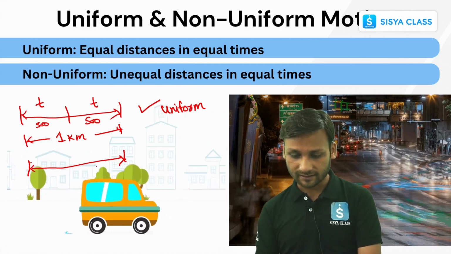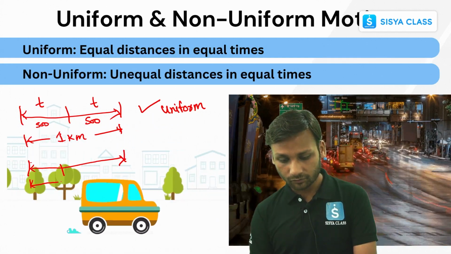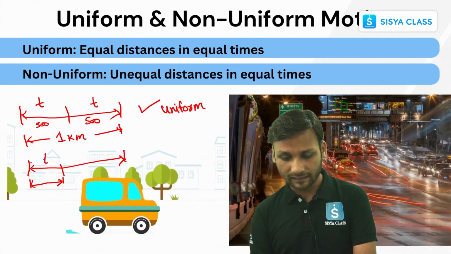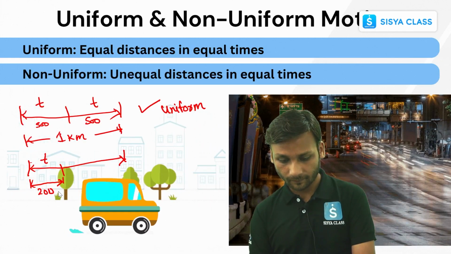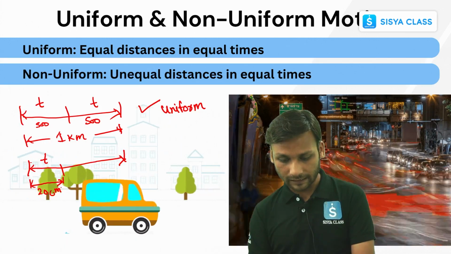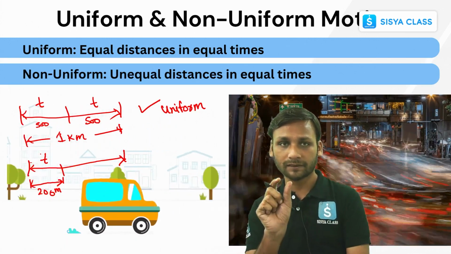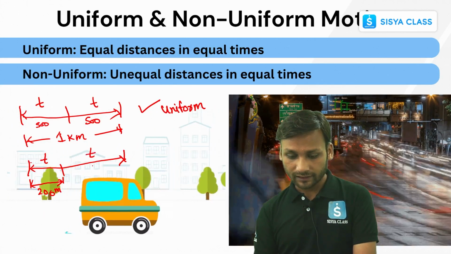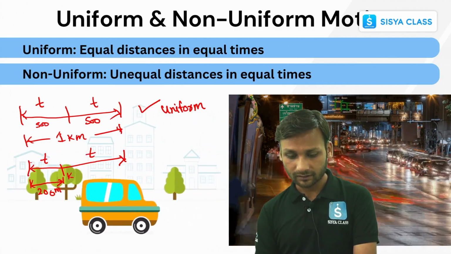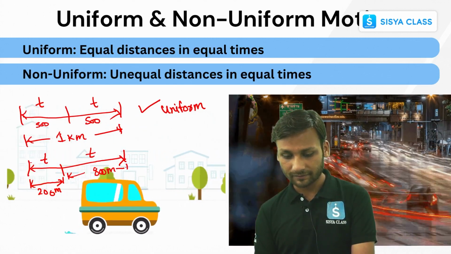Clear? Now non-uniform motion means unequal distances in equal times. For example, if you are moving slowly, the time to cover 200 meters is, let's say, t. And when you increase your speed, you will cover 800 meters in the same time t.